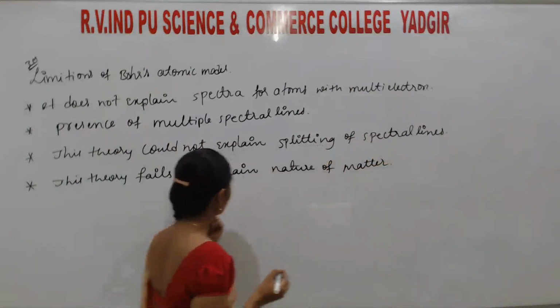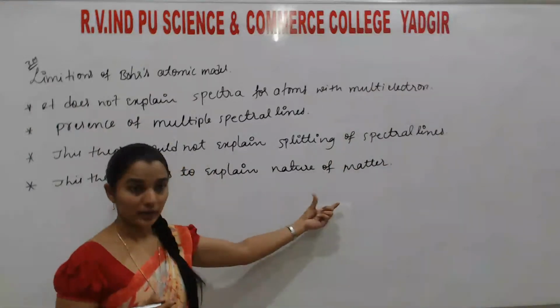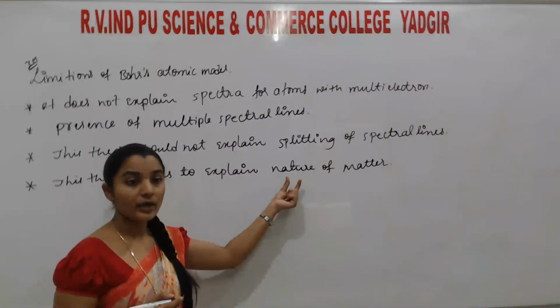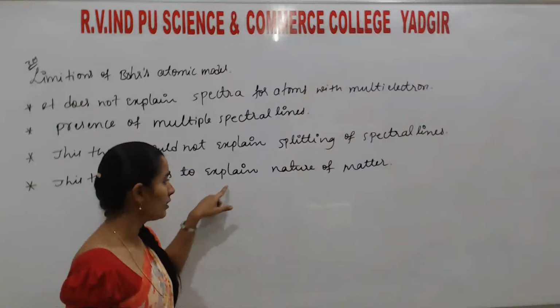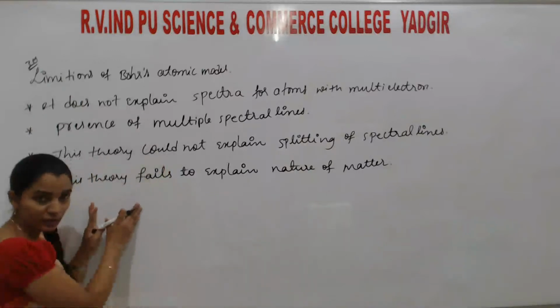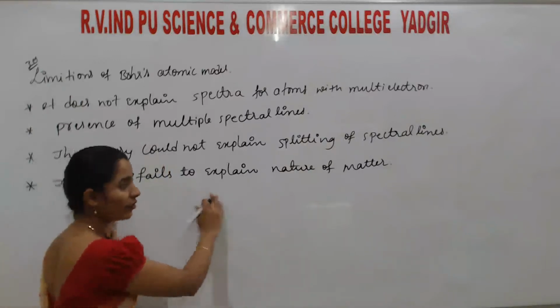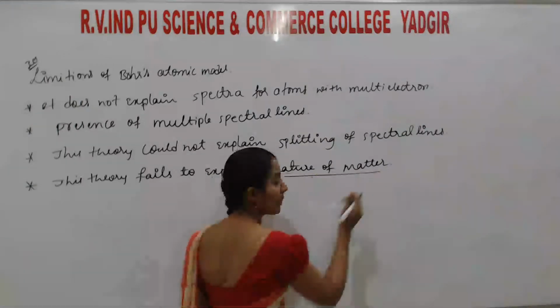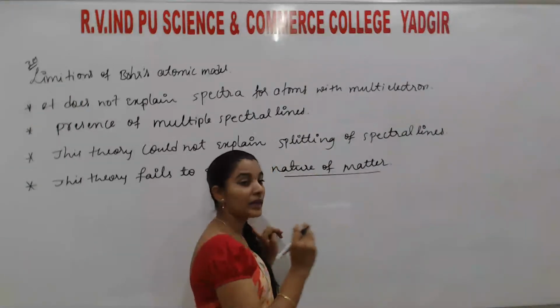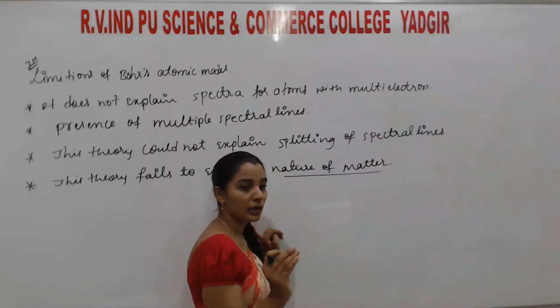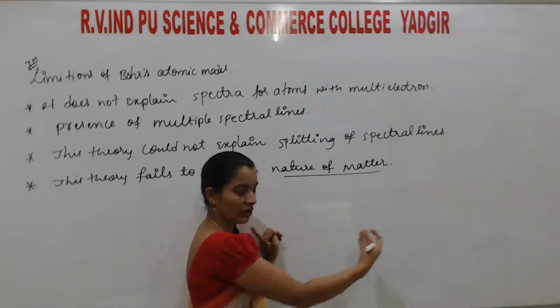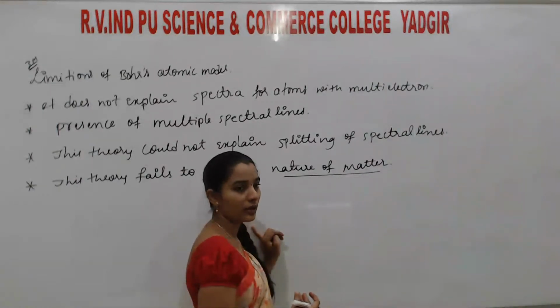Okay, this theory fails to explain nature of matter, but this is explained by de Broglie equation. Remember this point. So this Bohr's atomic model couldn't explain the nature of matter, but this nature of matter was later explained by whom? De Broglie. That is called de Broglie's equation. Later I will say it in the quantum mechanical model.